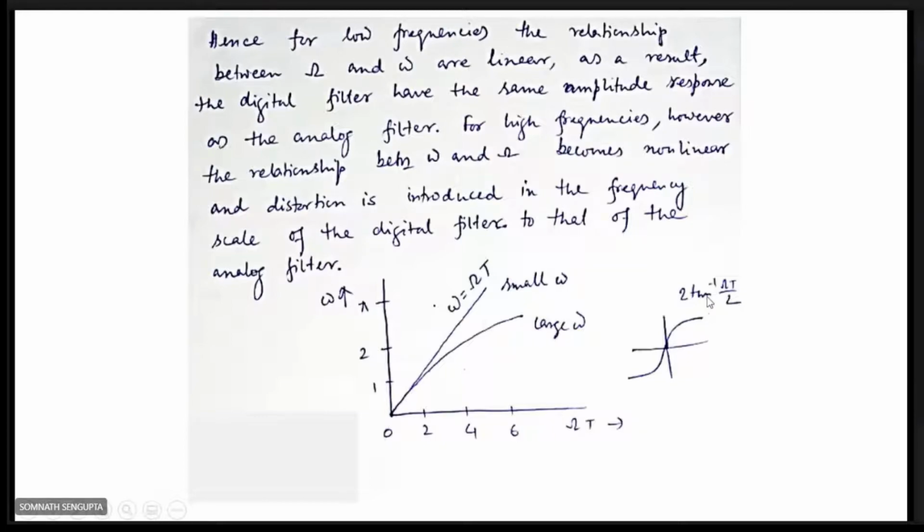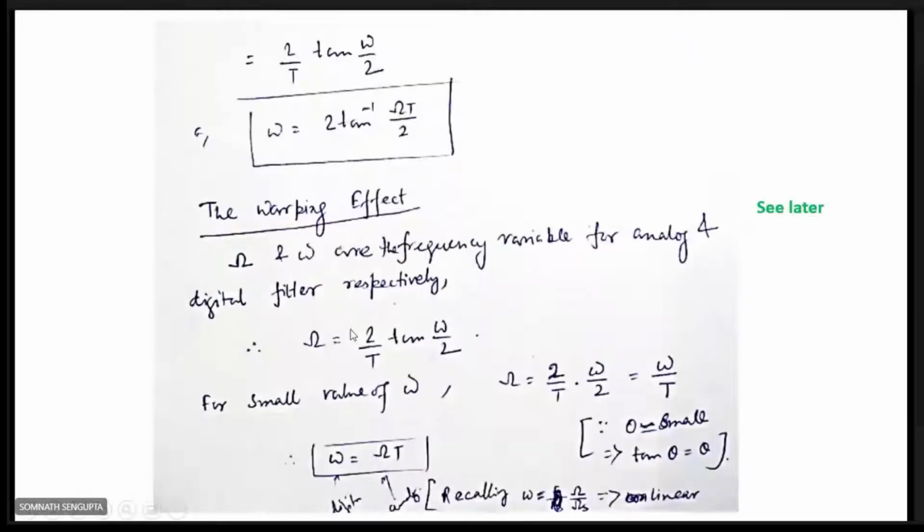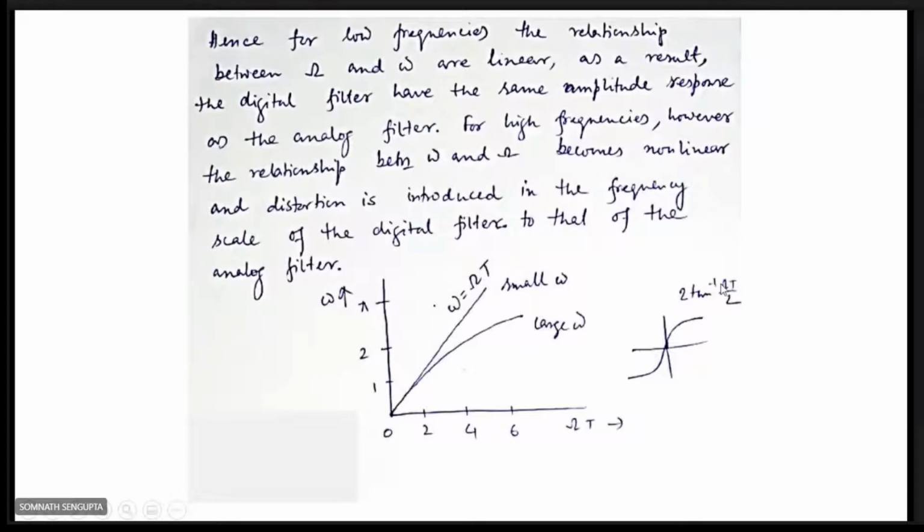this type of graph is the nature of tan inverse. So it is 2 tan inverse omega by 2, and the graph of 2 tan inverse omega by 2 looks like this.